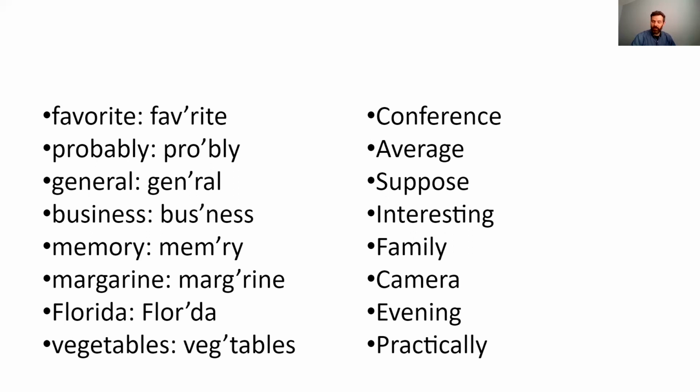I'll go ahead now and pronounce these words and see if you can identify which syllable receives the unstressed sound and which syllable then is dropped. Conference, average, suppose, interesting, family, camera, evening, practically.